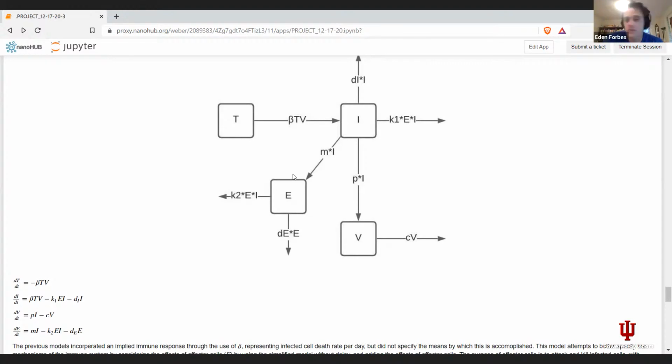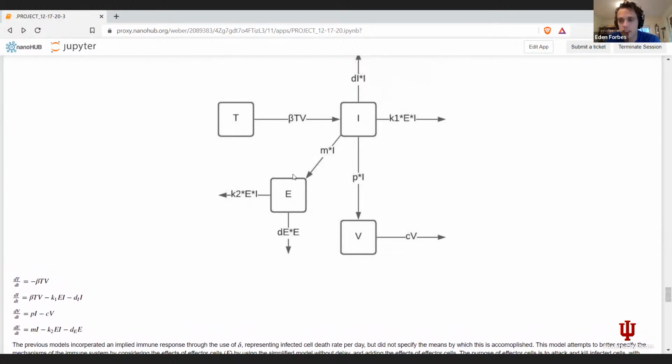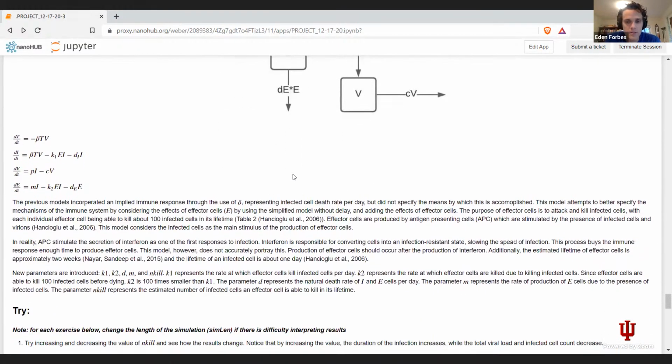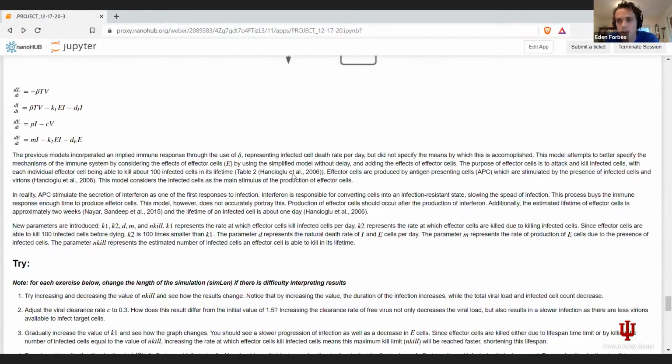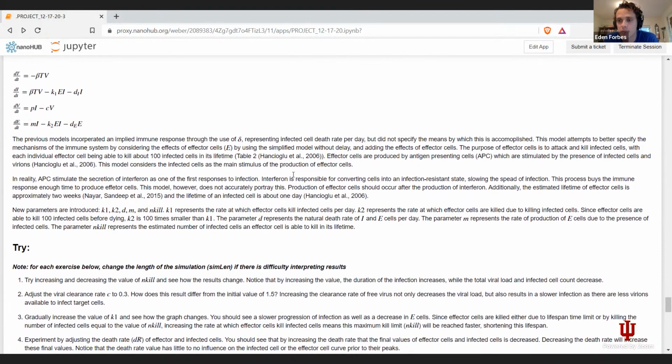And so now there are 4 equations in this case. It's the same 3 as the first one, and then you have this dE/dt, which tells you about the effector cells. And once again, this comes from a second paper as opposed to the original one that most of the modeling has come from. So in this case, they don't have any patient data. This is more of a hypothesis of the mechanism behind what's going on in the first couple models, if we explicitly define this other cell type.